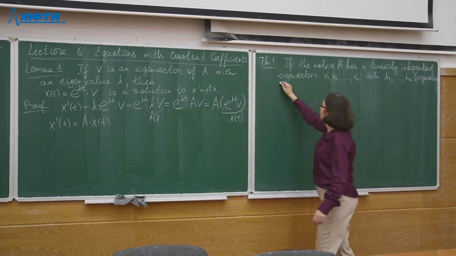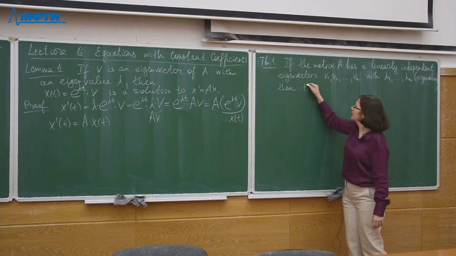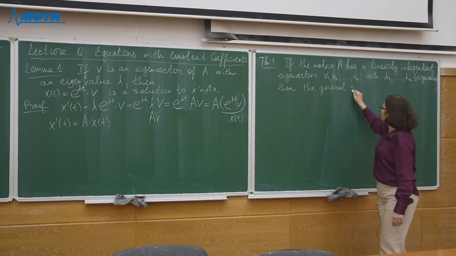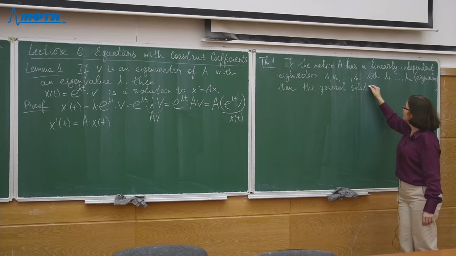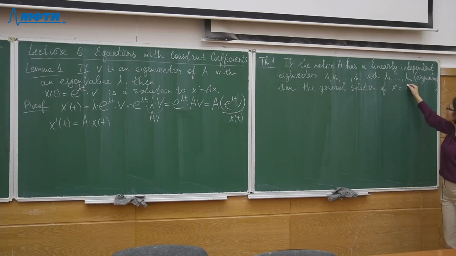Then the general solution of the equation x prime equals Ax is given by the formula.